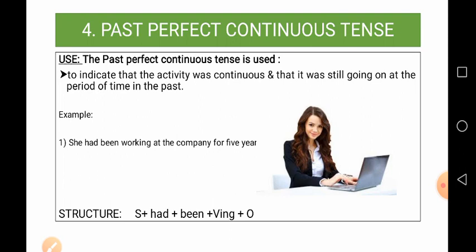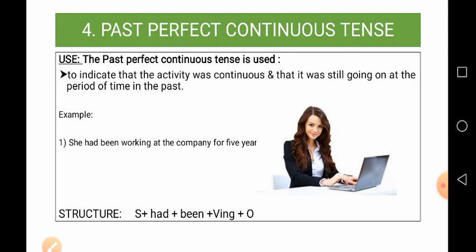Can I repeat? How many types in the past tense? Yes, there are 4 types. The first is simple past, second is past continuous, third is past perfect, and fourth is past perfect continuous tense.